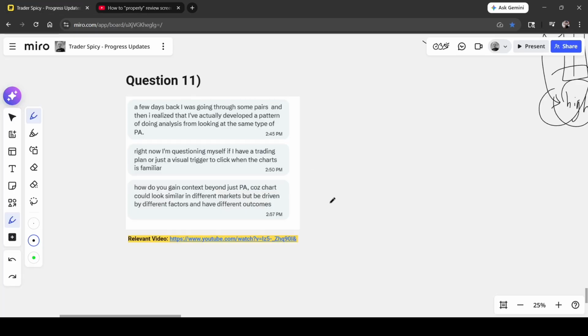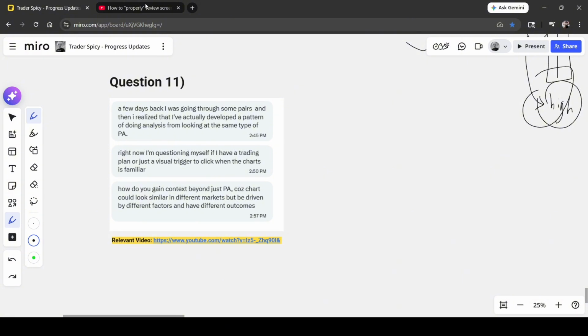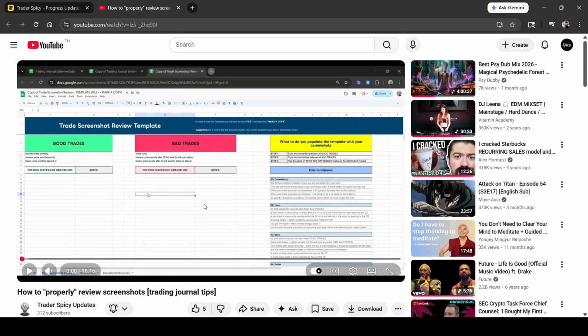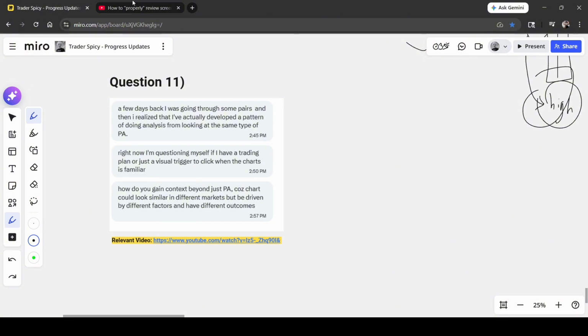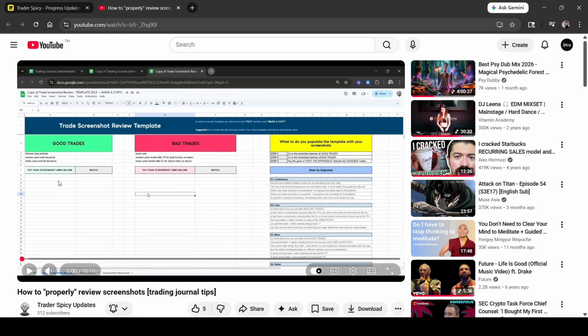What you would do is, in the trading journal spreadsheet, if you go to educational resources, it'll be somewhere in here. You'll be able to find the actual template for this, the trade screenshot review template. Open this up.